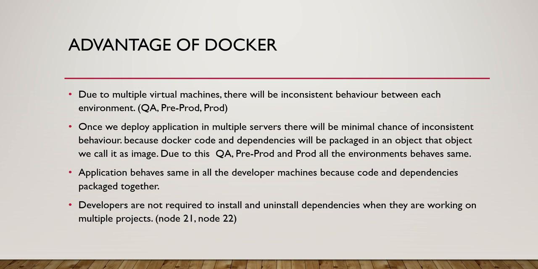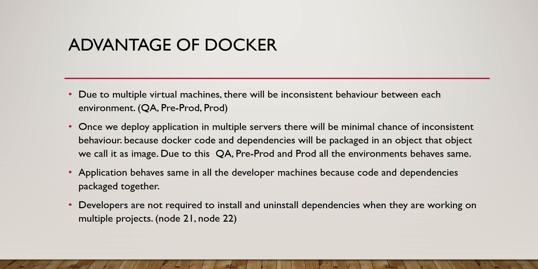When they run your application as a container from an image, as all the dependencies of your application are packaged together and we are running it as a container, the application running on each developer machine will be equal. That means application behavior will be the same on all developer machines, because again we package the dependencies together in a Docker image. That is another advantage.